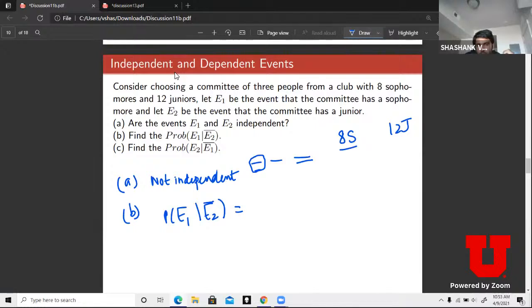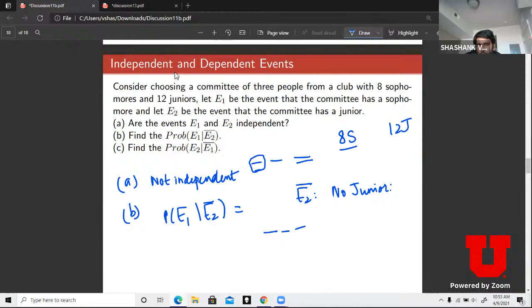E2 is the event that the committee has a junior, so E2 complement is the event that the committee doesn't have a junior, that is, no junior. So what would be the probability that the committee has a sophomore? All 3 would technically be sophomores, right?